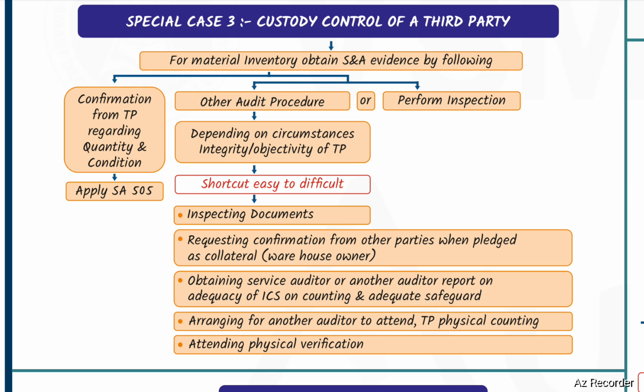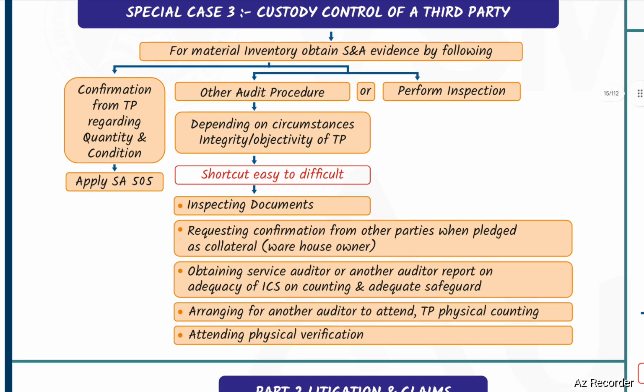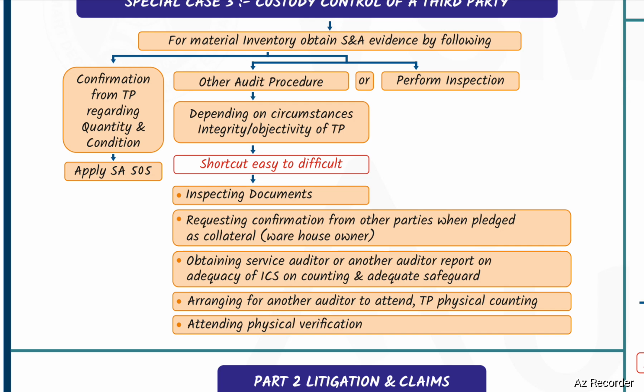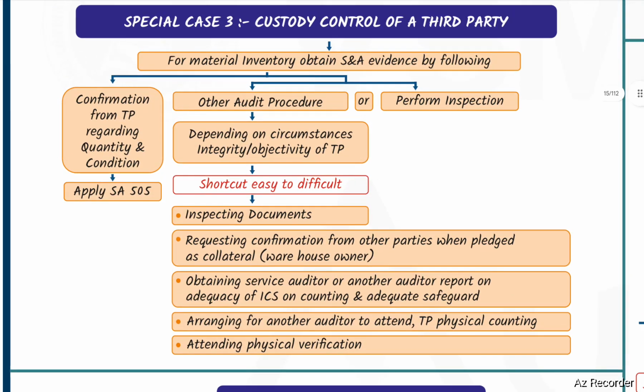For material inventory, obtain sufficient and appropriate evidence by following: confirmation from the third party regarding quantity and condition, applying SA 505 external confirmations, and other audit procedures depending upon the circumstances regarding integrity or objectivity of the third party, by inspecting documents, requesting confirmation from other parties when pledged as collateral, that is the warehouse owner, obtaining a service auditor's or another auditor's report on adequacy of internal control system on counting and adequate safeguards, arranging for another auditor to attend third party physical counting, attending physical verification, or performing inspection.